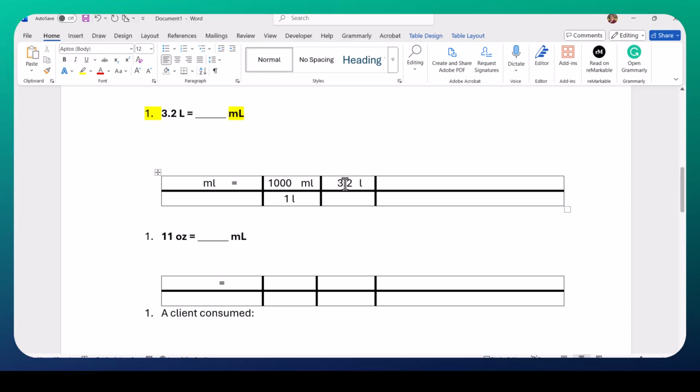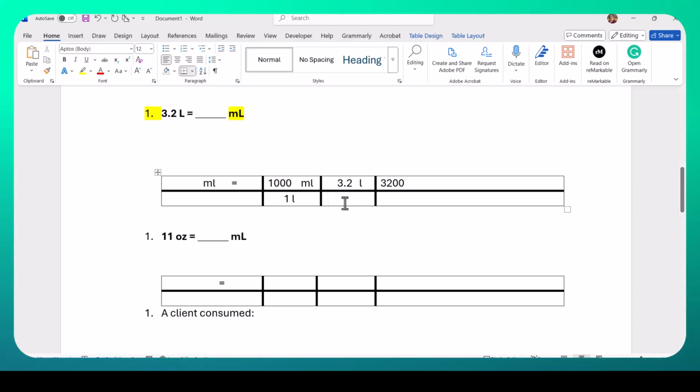3.2 will go in here. Now I have liters on the bottom and liters on the top, so I can cross them out. What remains is milliliters. Okay, I know I did it right because I know I want milliliters, all right? Multiply across the top, and you're going to get 3,200 when you put that into your calculator.